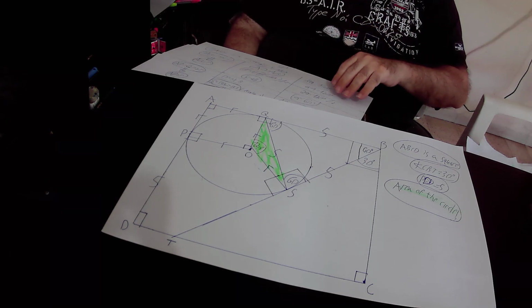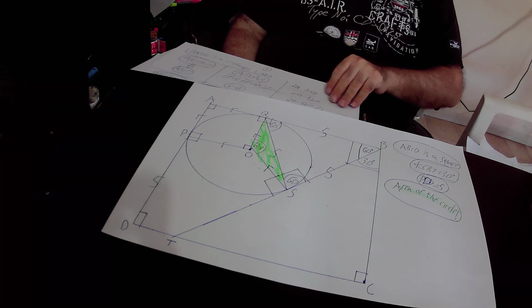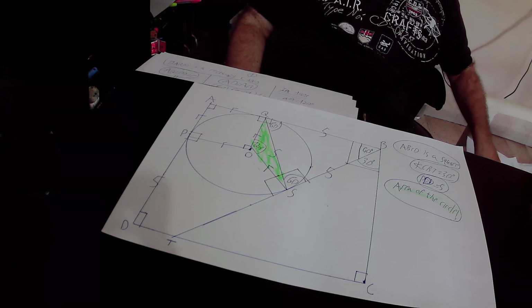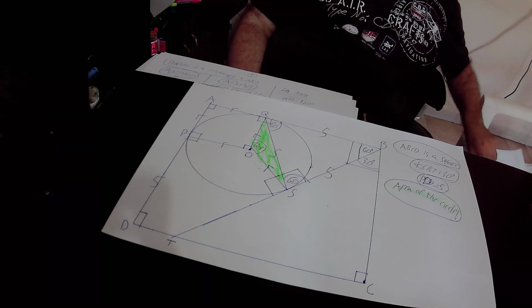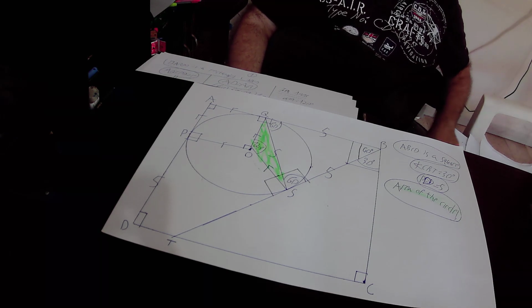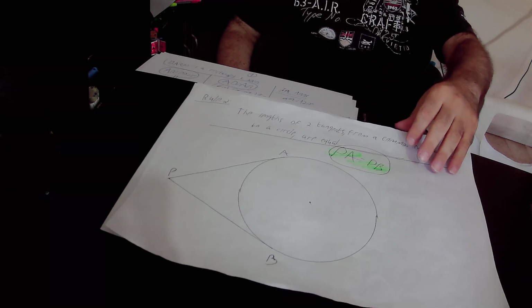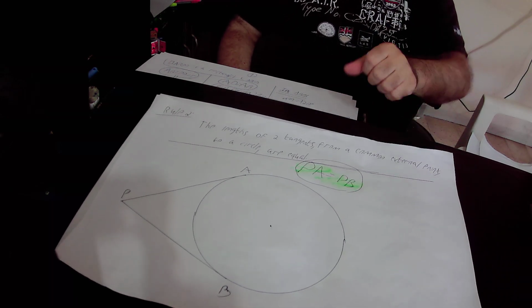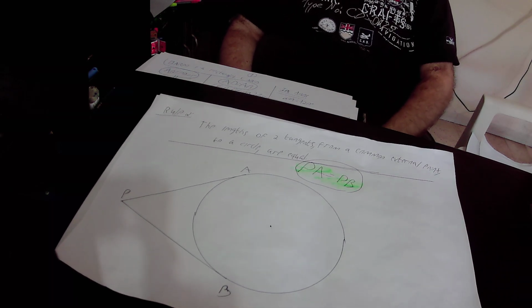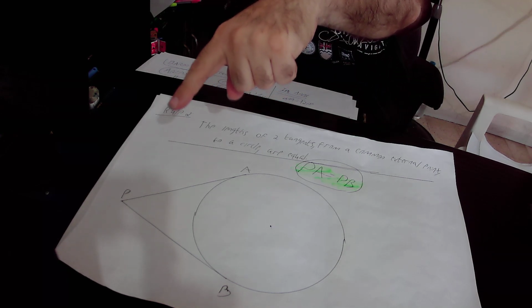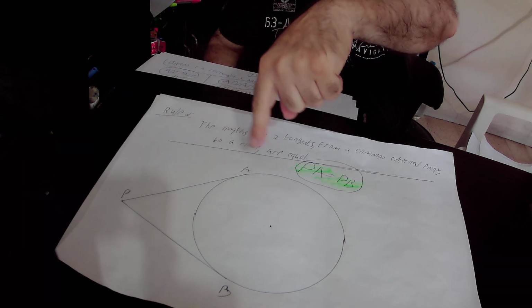Okay? Then I presented to you rule number 2, and we implemented rule number 2 in our drawing. According to rule number 2, the lengths of two tangents from a common center point to a circle are equal. We have the common center point P. For the common center point P, we have tangent PA and tangent PB.